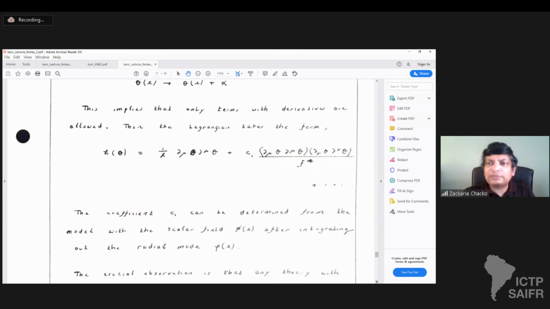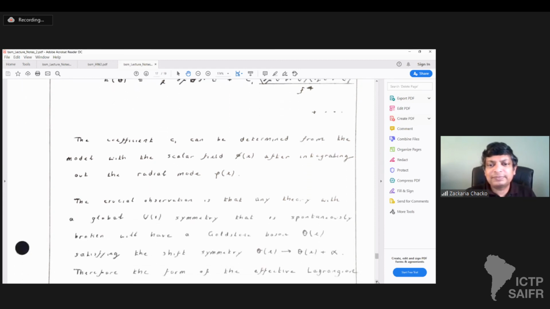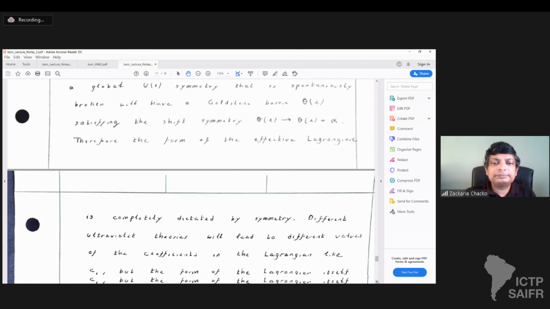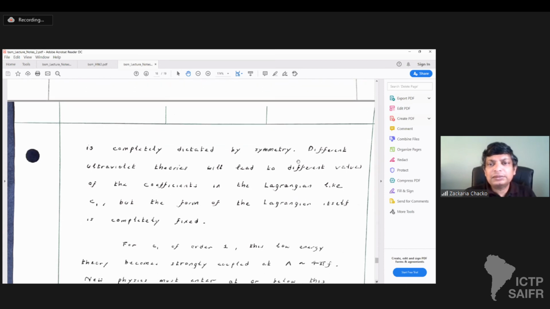The form of the low energy Lagrangian is completely dictated by the requirement that this shift symmetry must be satisfied. So this is just what I was saying. Different ultraviolet theories will lead to different values of the coefficients in the Lagrangian like C1, but the form of the terms in the Lagrangian are completely fixed by symmetry.